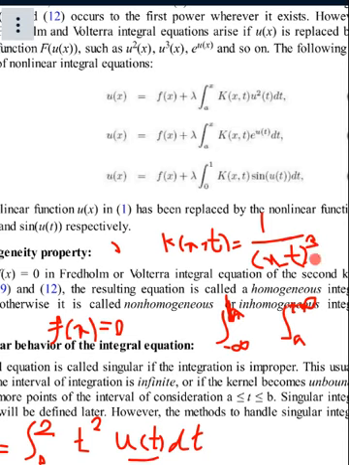You know that in the case that t equals x, we will have 0 here, and this value will be improper. So these 3 different cases determine whether our integral equation is singular or not.